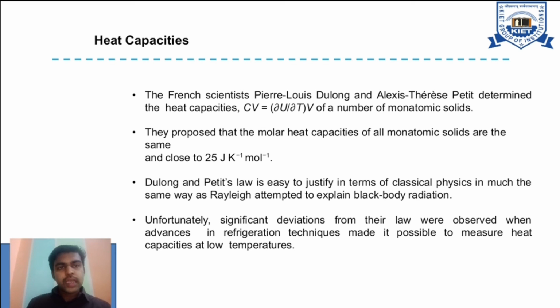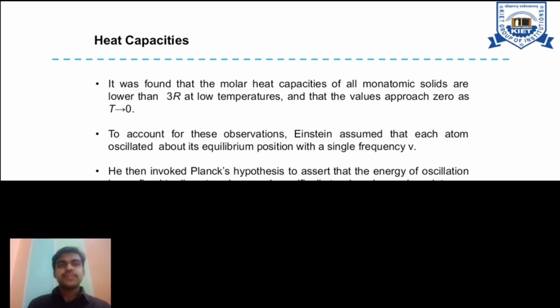At the same time, significant deviations also happen because it was observed, scientifically recorded, that advances in refrigeration techniques made it possible to measure heat capacity at low temperature. So heat capacity is a major phenomenon while dealing with the blackbody radiation concept. Heat capacities, then only they are fixing the overall concept along with the low temperature aspects.